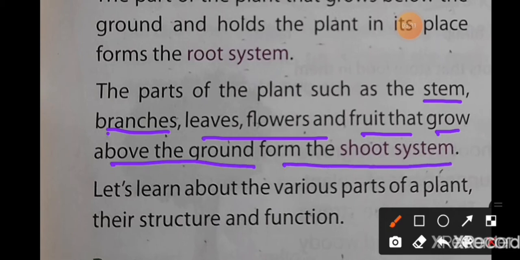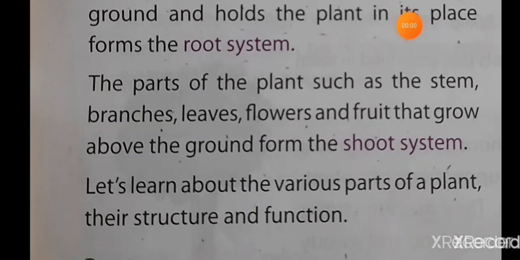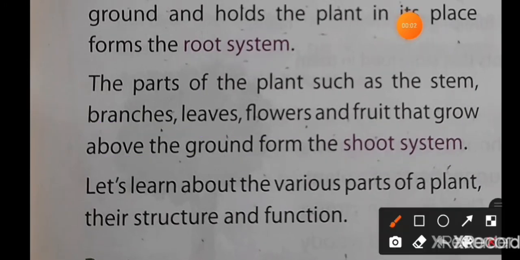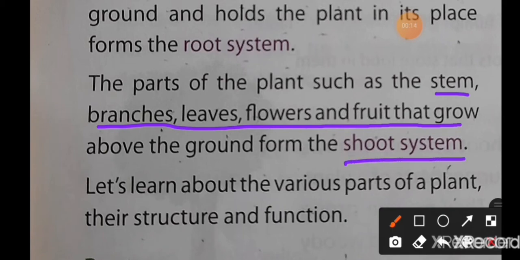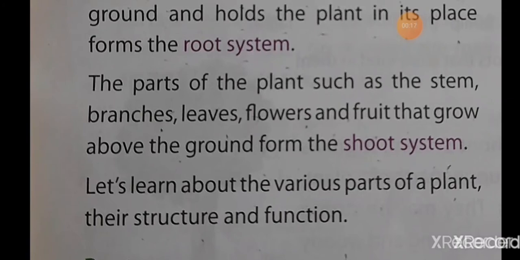So the part of the plant which grows under the ground is called the root system, and the part which grows above the ground is called the shoot system. Let's learn about the various parts of the plant and their structures and functions.